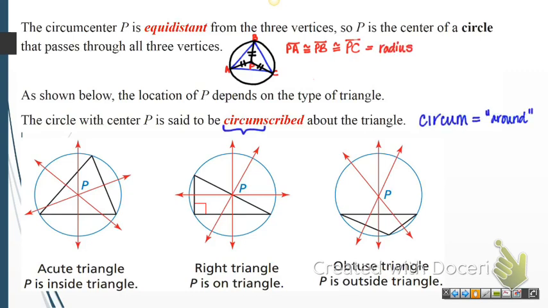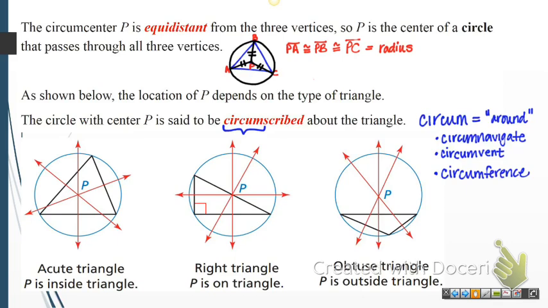And circum means to go around, right? So circumscribe. So think of some words that start with the prefix circum. Circumnavigate, right? That means to go all the way around or go around the globe. Circumvent, right? That means to sort of talk around a topic or to go around something. Or like circumference, right?